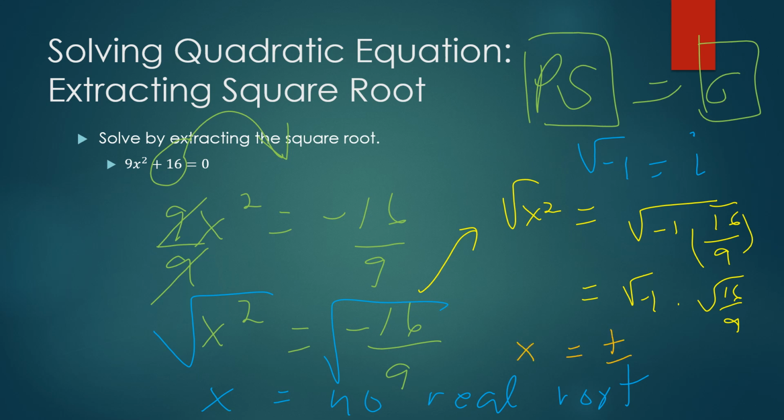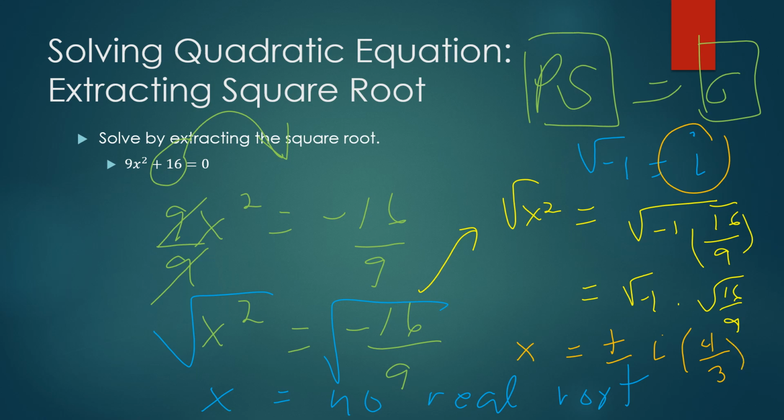What is square root of negative 1? It's i, right? So it's i, and we can extract the root of this: square root of 16 is 4, square root of 9 is 3. So we will have positive negative i times 4 thirds.